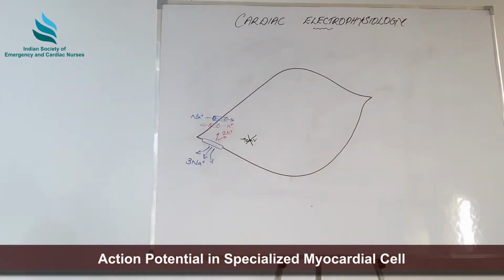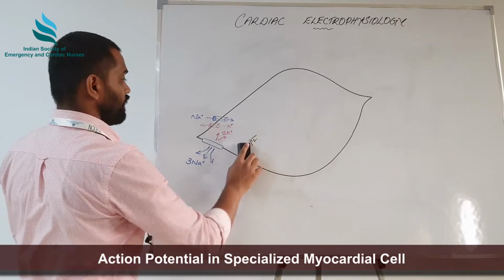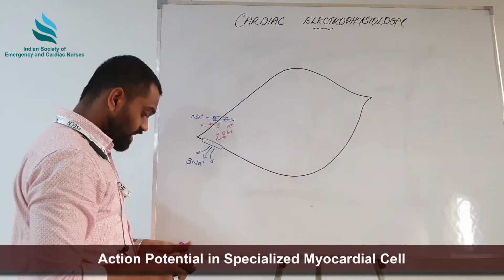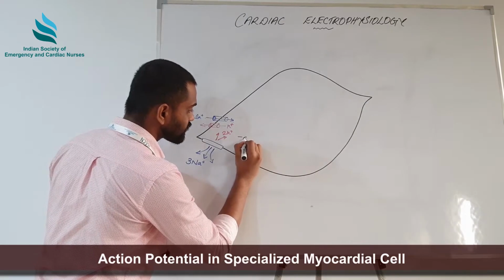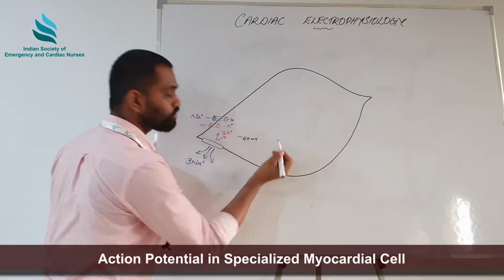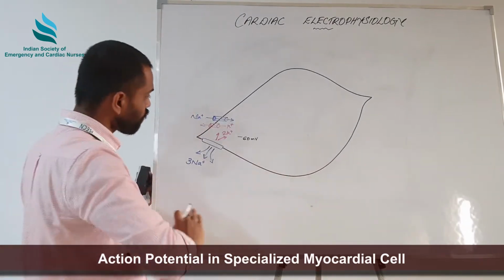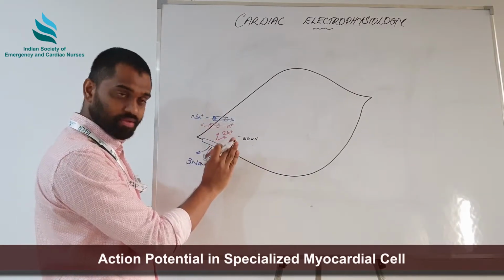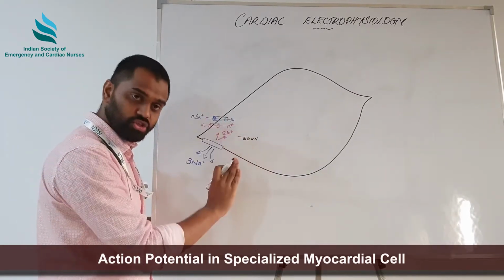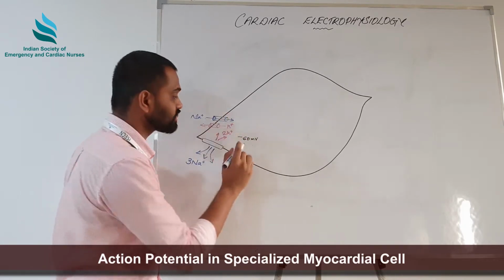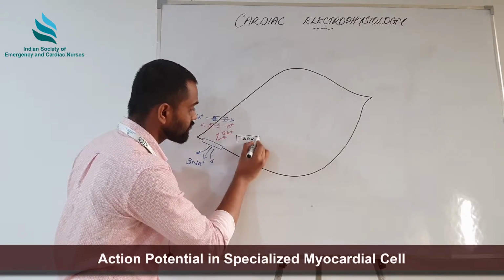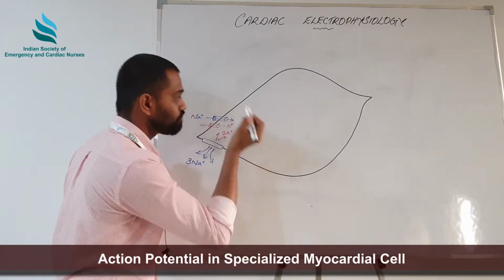Instead, it can only reach up to minus 60 millivolt. So because of all these processes, the resting membrane potential generated inside an SA nodal cell is minus 60 millivolt.